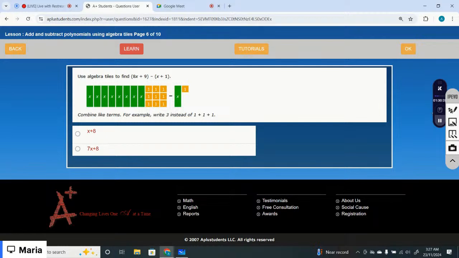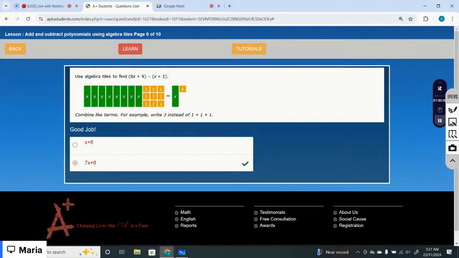That is 7x plus 8. Option number 2 is the correct option.